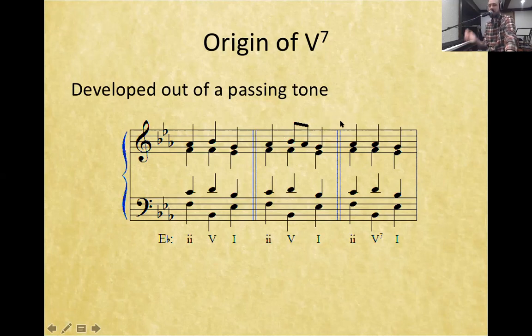Would that make sense? So instead of this middle measure where we've got a passing tone, what if we said we just want that A flat, which is in the soprano, to just stay as part of the chord, right?